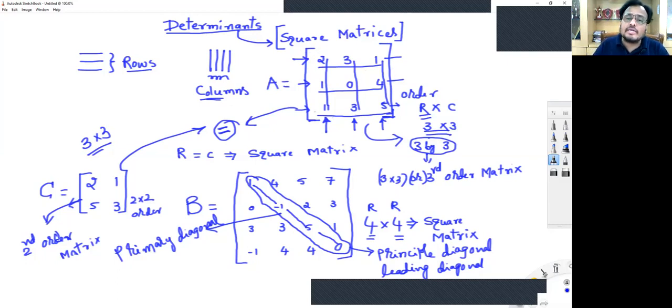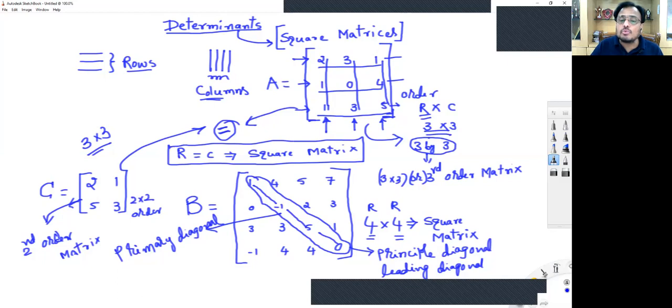Every matrix has an order, which is read as rows multiplied by columns. First you count the number of rows and then the number of columns; it cannot be interchanged. In a square matrix, R by C or C by R makes no difference, because the number of rows and columns are equal. Such a matrix is known as a square matrix.